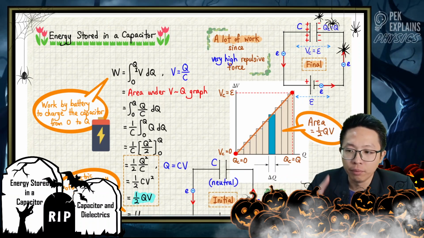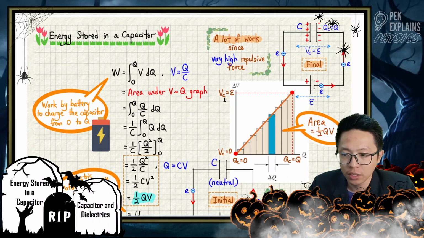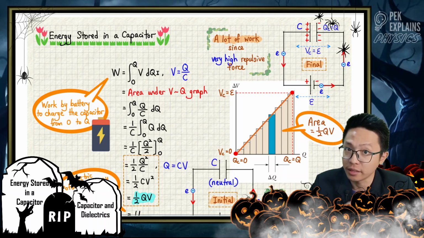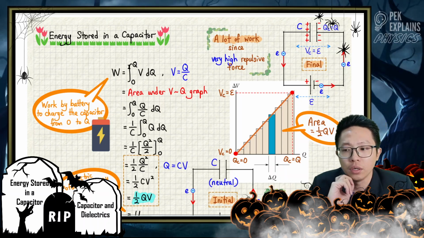Both the voltage and the charge are changing. So if you want to integrate the voltage, we must find a certain constant value, because both of these variables change.